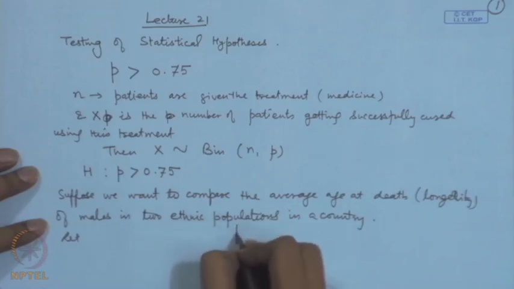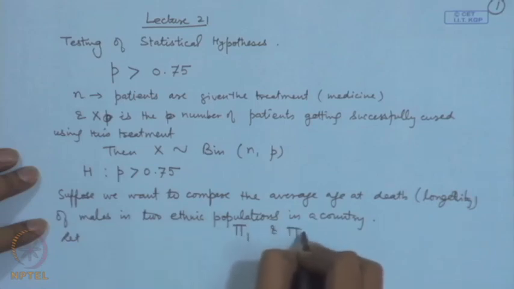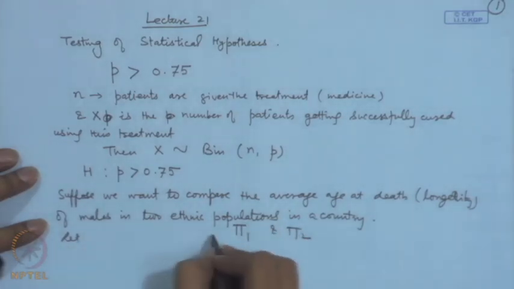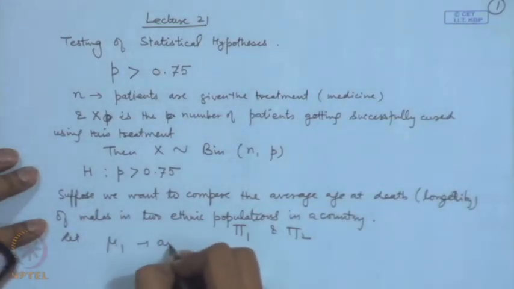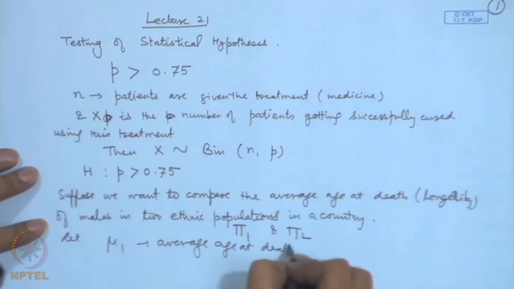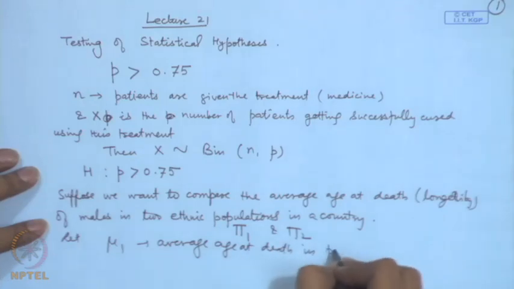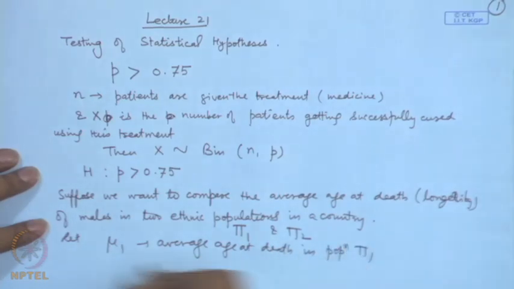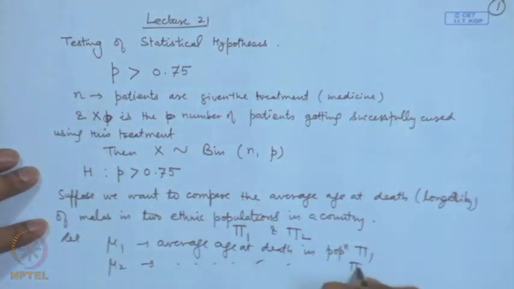Let me call these populations pi 1 and pi 2, and let mu 1 denote the average age at death in population pi 1, and mu 2 is the average age at death in population pi 2.